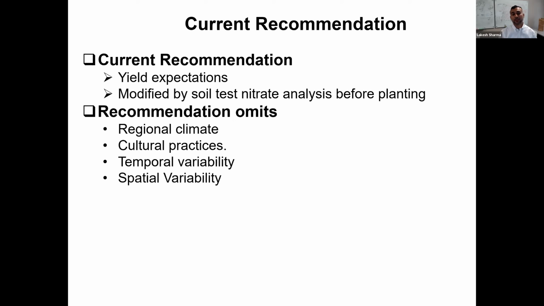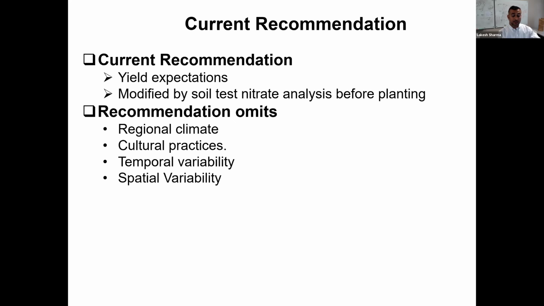But there's a need to improve and update these recommendations from time to time, and also include the regional climate, cultural practices, temporal variability and spatial variability. All these factors play an important role, and if we consider these factors, we can come up with a better plan of managing nitrogen.